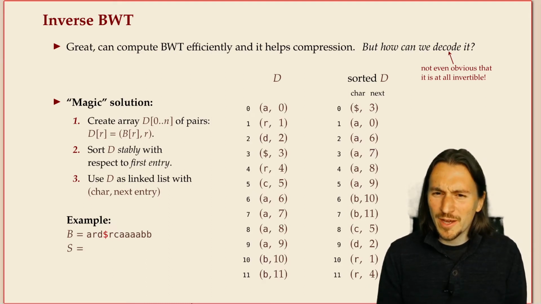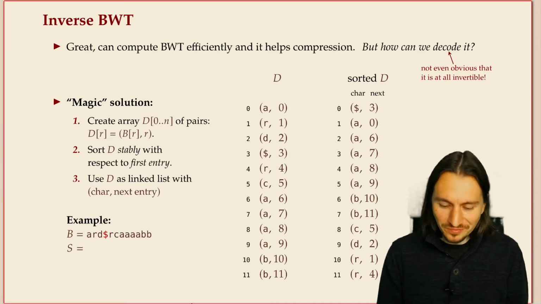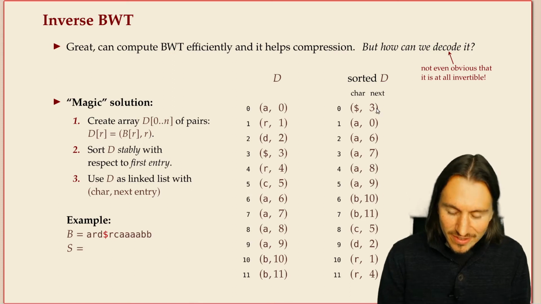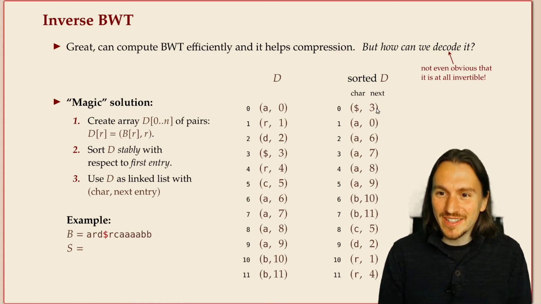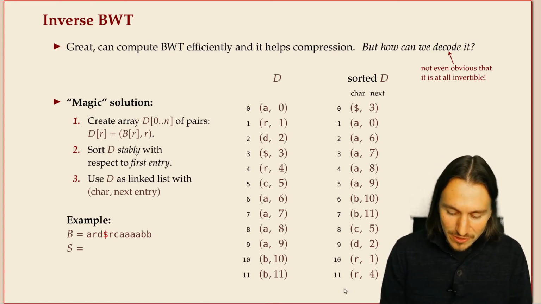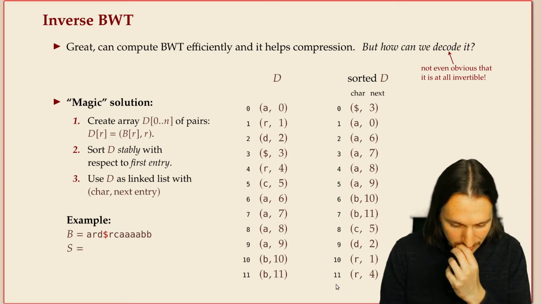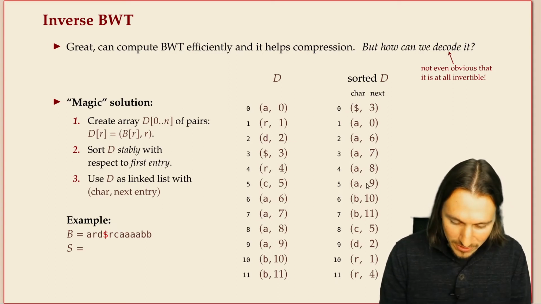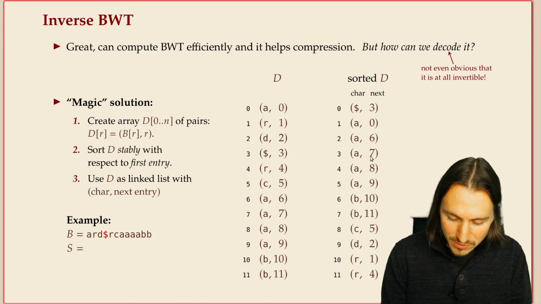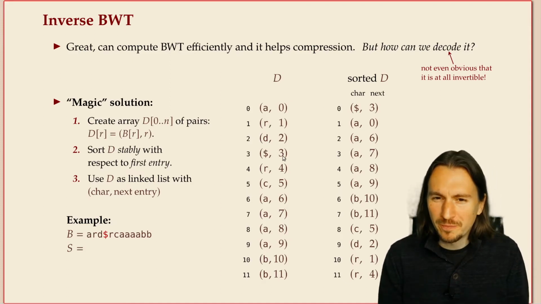Okay, again, we haven't really done anything magic yet. But what we do now is we interpret this new list, which still has indices, but now, of course, because I changed the order, the entry at position 3 no longer has second component 3 as it was before.